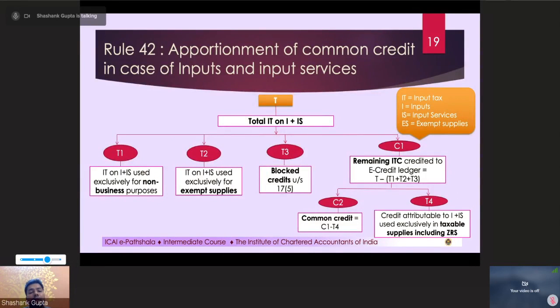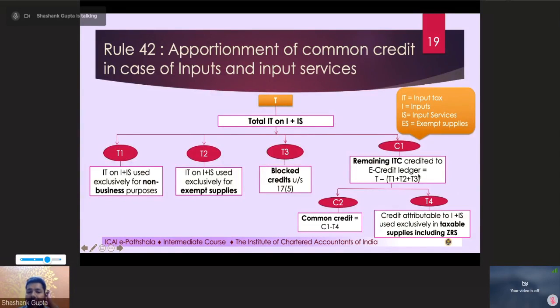In this Rule 42, from the total credit, we first need to identify that portion which is exclusively for non-business purpose, and that will be termed as T1. This amount entirely has to be foregone. Then, exclusively used for exempt supply, this amount has to be foregone. Then, credit blocked under Section 17 subsection 5, this we will discuss, but blocked credit again has to be foregone.